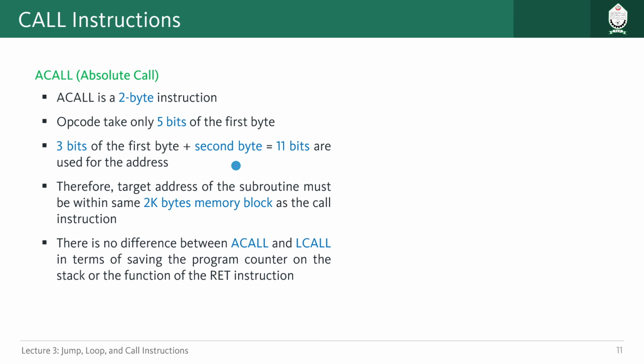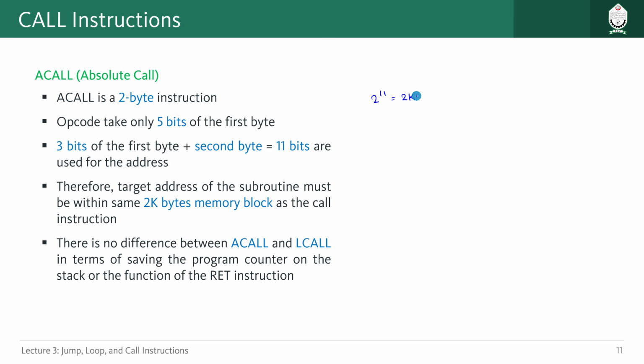So 3 bits plus 8 bits, these total 11 bits are for the address. So basically what you can address is in total 2 to the power 11 or 2K. Okay, so 2K locations or 2K bytes, whatever you say.